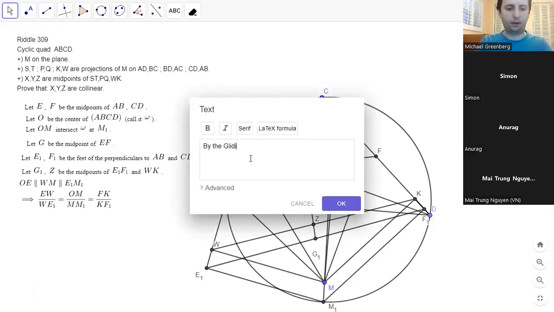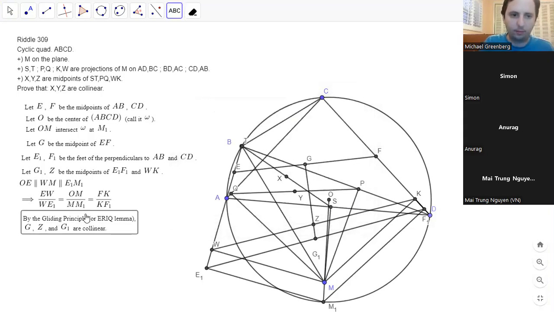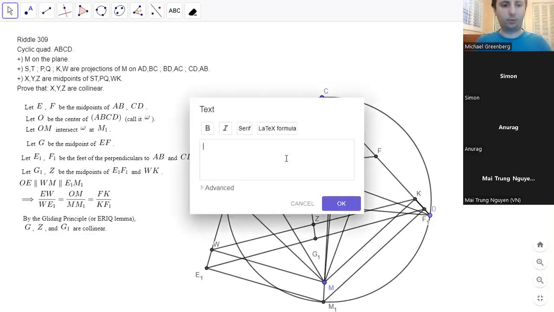By the gliding principle, or ERIQ lemma, G, Z, and G1 are collinear. Okay. And then once we know that, then we can try to use a homothety. So we can define G2 and G3 similar to G1.